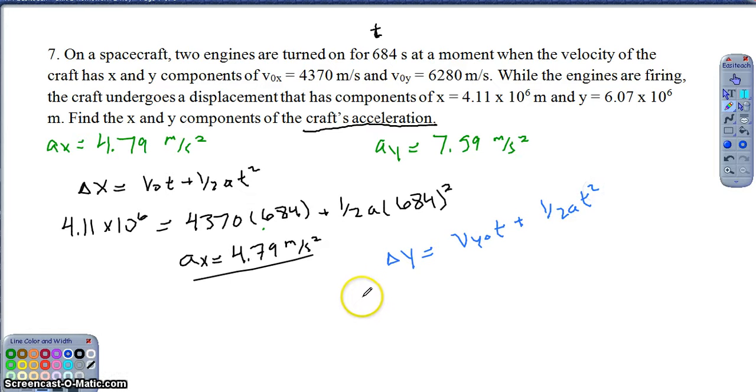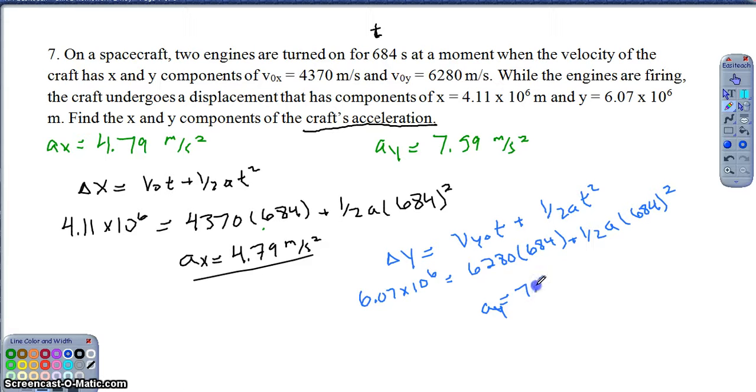Okay, so again, I've got all of those measurements to work with. So 6.07 times 10 to the 6th equals my 6,280 times 684, because it's still accelerated for that long vertically, right? If it did it horizontally, it did the same length of time vertically. And once again, solving for that vertical acceleration, that's where I got my 7.59 meters per second squared.